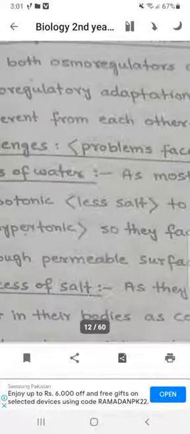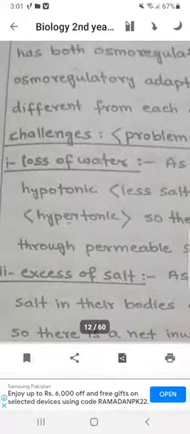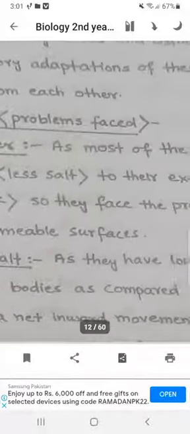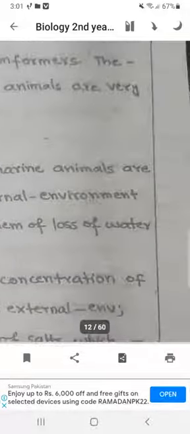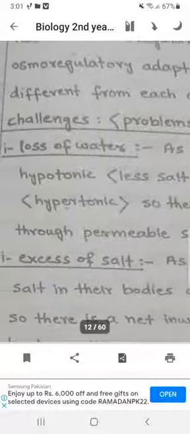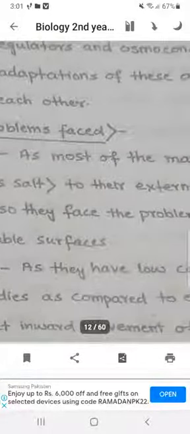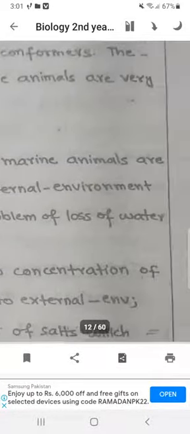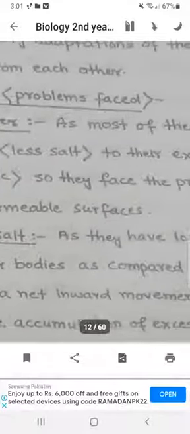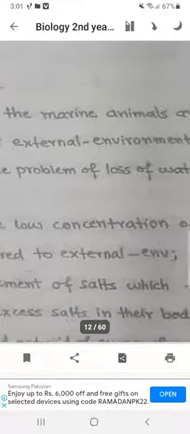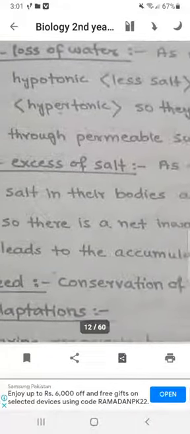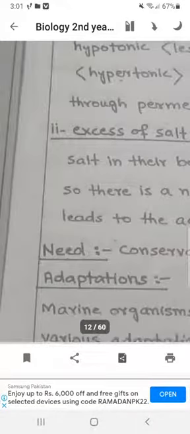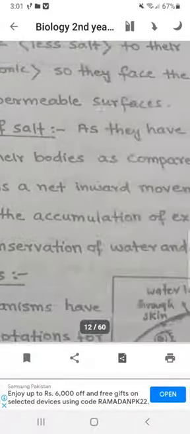Challenges. Problem faced. Loss of water. As most of the marine animals are hypotonic, with less salt than their external environment, which is hypertonic, they face the problem of loss of water through permeable surfaces. Number two, excess of salt.